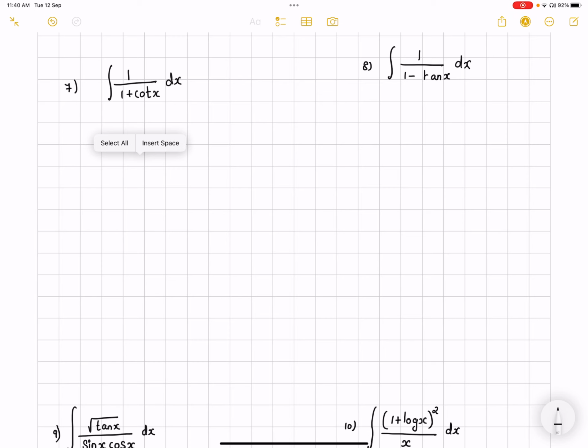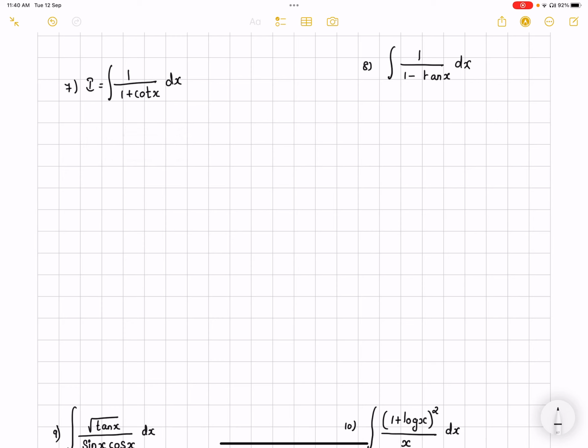So whenever you have cot and tan coming along with 1 plus or 1 minus, go with sine and cos. That means change the cot in the form of sine and cos. Cot x is nothing but cos x divided by sin x. So let's do that now.